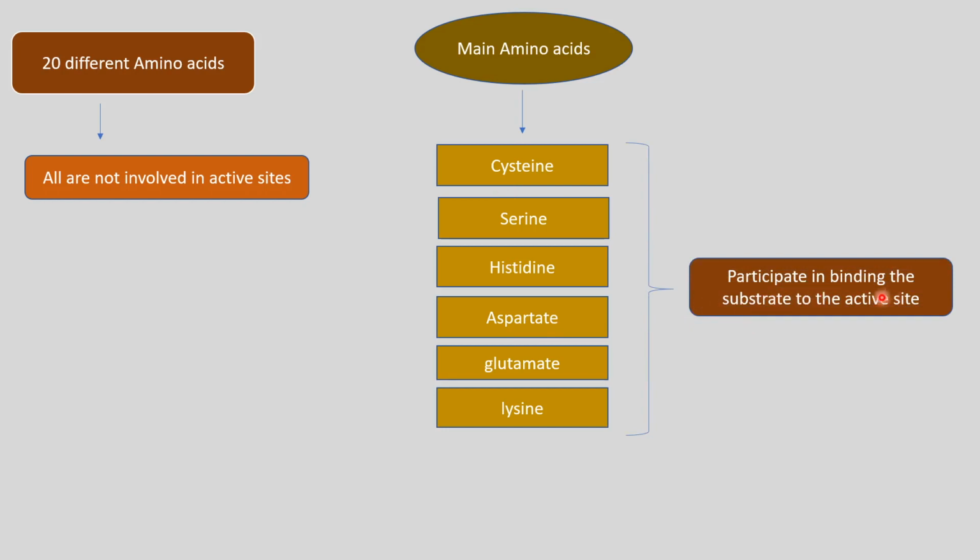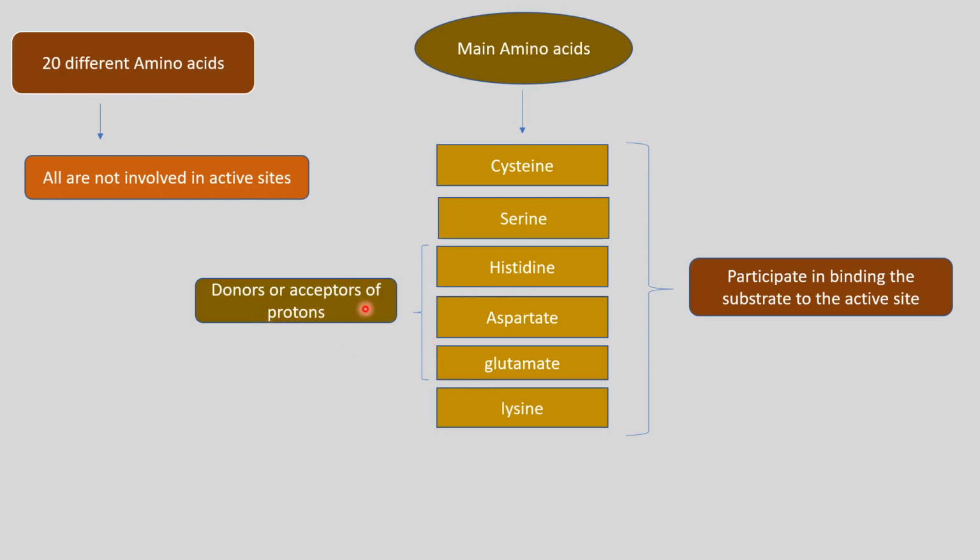These participate in binding the substrate to the active site. So when the substrate has to bind to the active site, these are the amino acids that are present for the substrate binding at the active site, right? And also, of these 6 amino acids, histidine, aspartate and glutamate, these 3 amino acids act as donors or acceptors of protons, right?